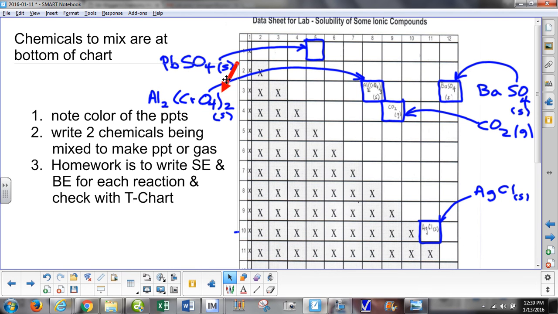Here you see the aluminum chromate. Okay, 3 chromates. Oh, that should be 3 aluminums. Ooh, I gotta fix that. Oh, goodness. All right, let's get this right.